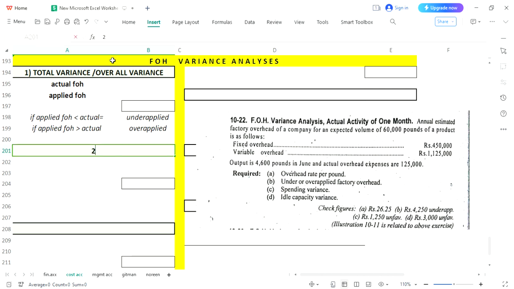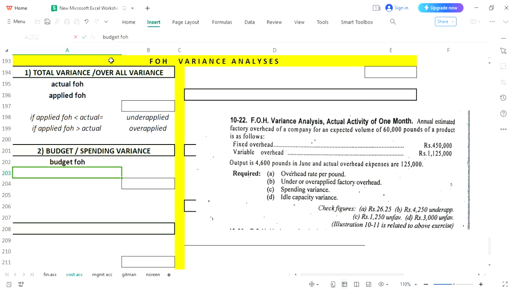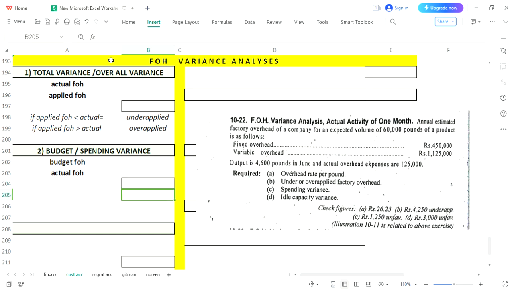Then second, you need to calculate your budget variance. It's a relationship between budget and actual FH. So first you will write your budget FH and then you are going to put your actual FH, after which you will calculate the variance, the difference between budget and actual.